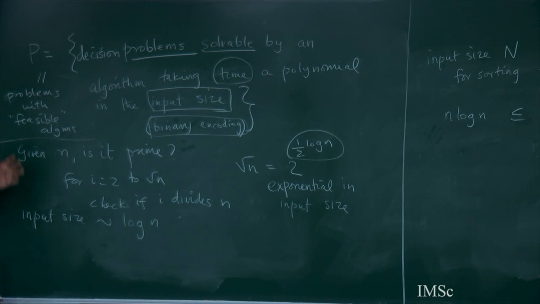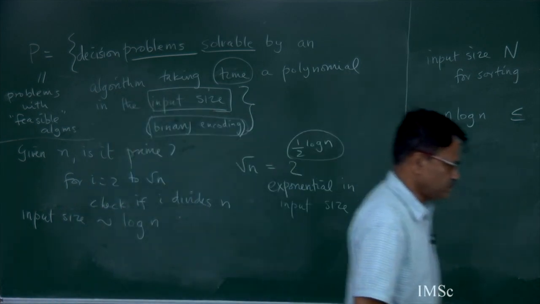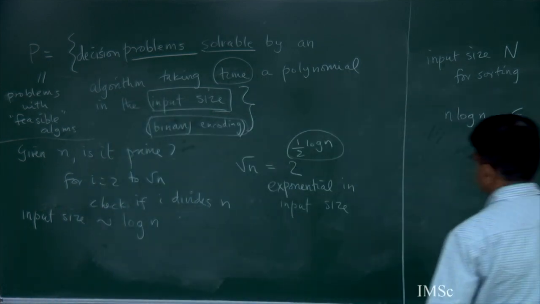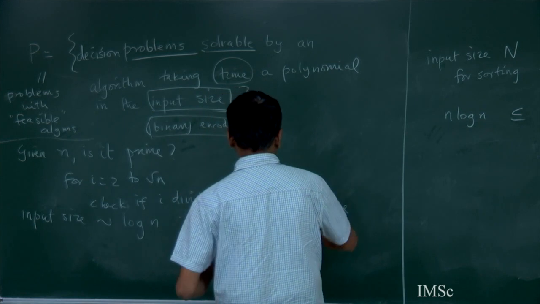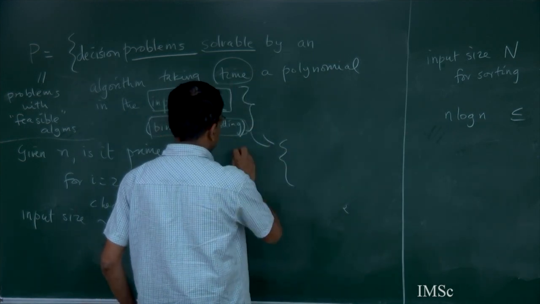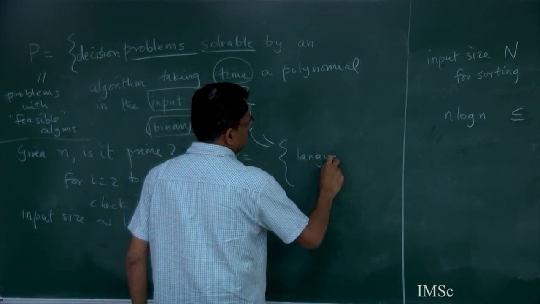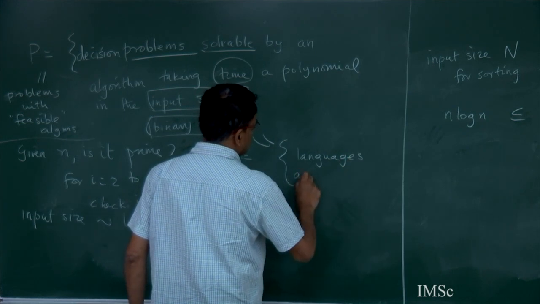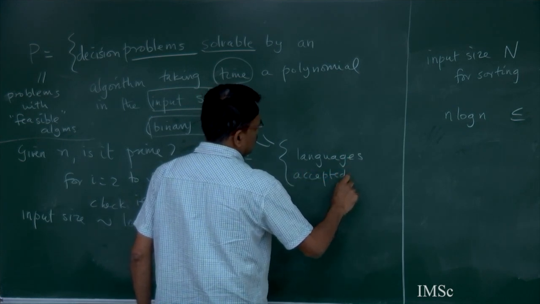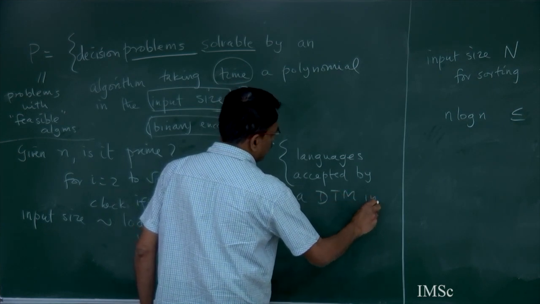Number two, why is this a robust class? If I have to give a formal definition, I would write P as the class of languages accepted by a deterministic Turing machine in polynomial time.